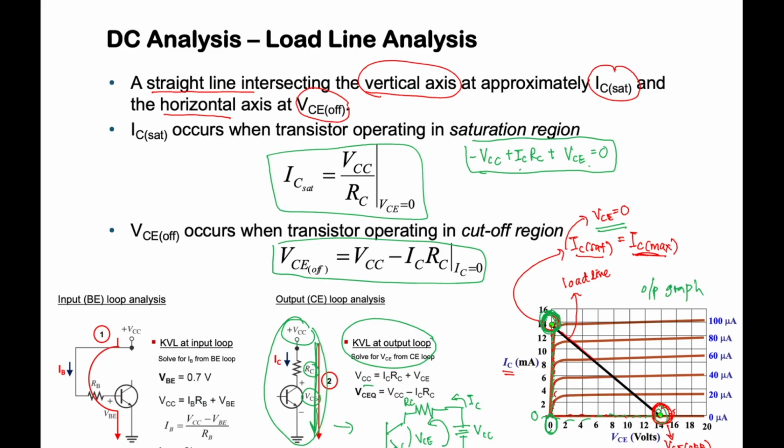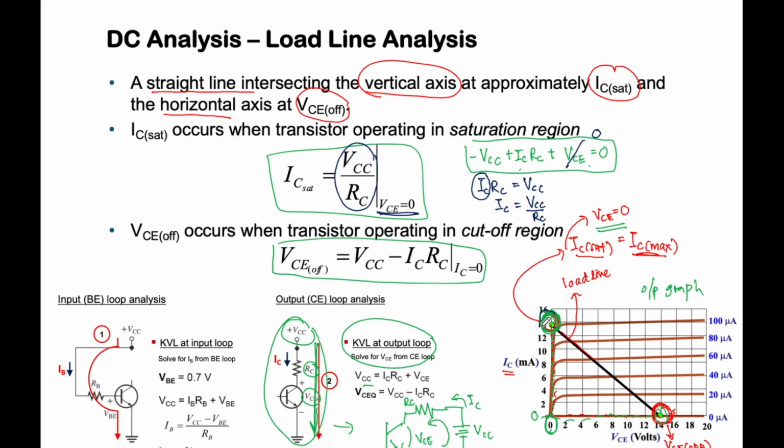So with VCE equal to 0, your equation becomes ICRC is equal to VCC. Our objective is to get the value of IC, so IC equals VCC over RC. You will get the same equation, but this is only true if your VCE is equal to 0.